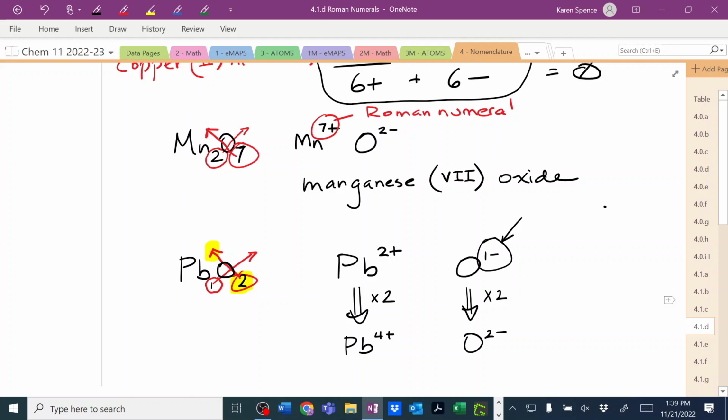Hydroxide is a polyatomic ion. Hydride is the H ion.